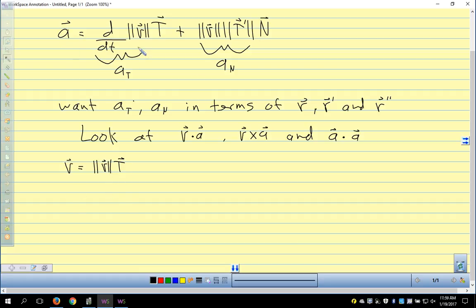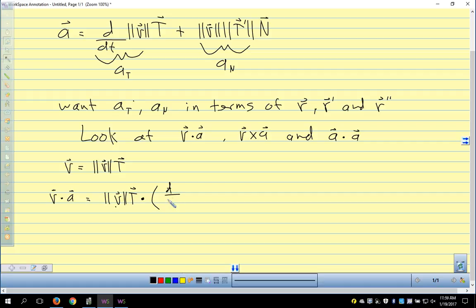And we're going to use this quantity for our acceleration to perform these operations with. So v dot a is going to be the magnitude of v times our unit tangent vector, and we're going to dot that with our acceleration.